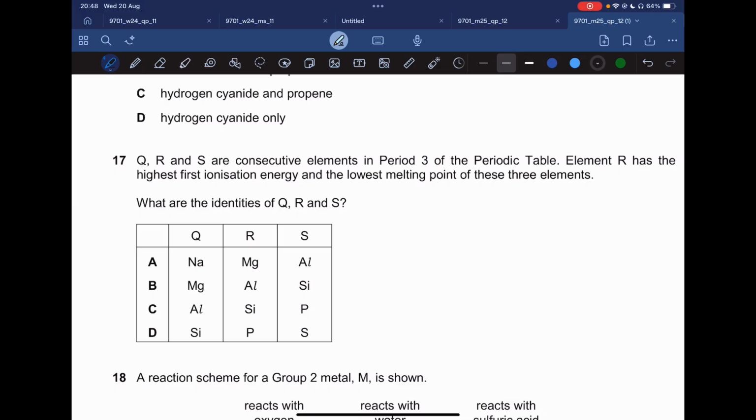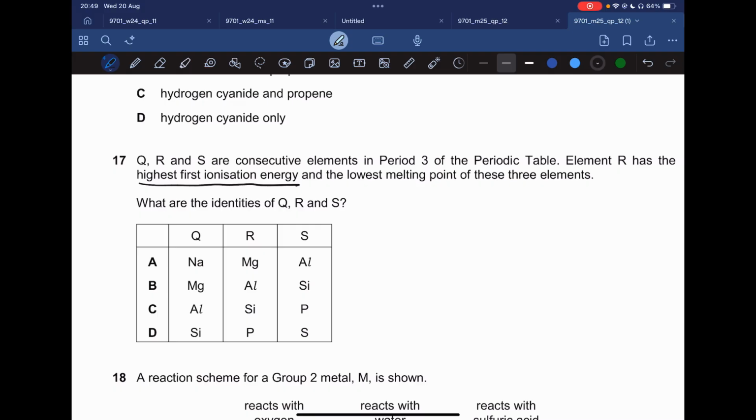Q, R, and S are consecutive elements in period 3. Element R has the highest ionization energy and the lowest melting point of the 3 elements. What are the identities of Q, R, and S? If we're looking at the highest ionization energy, that means we're not looking at the next shell, because it's all in period 3.